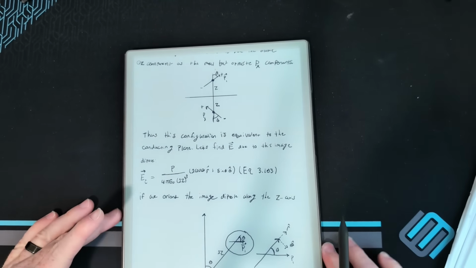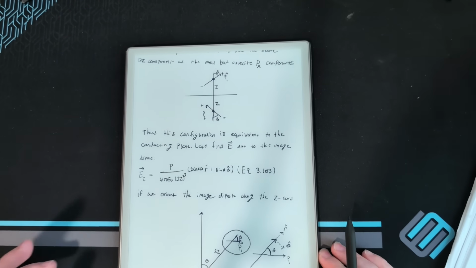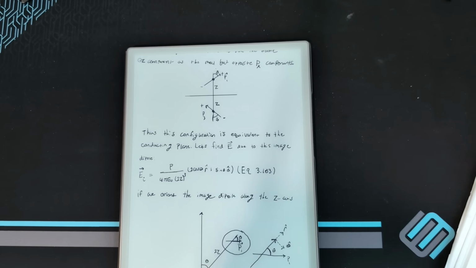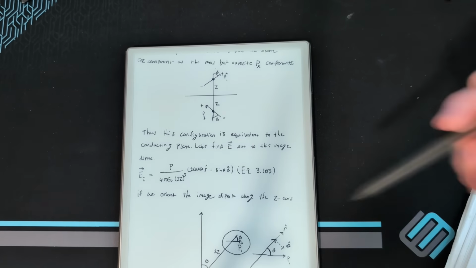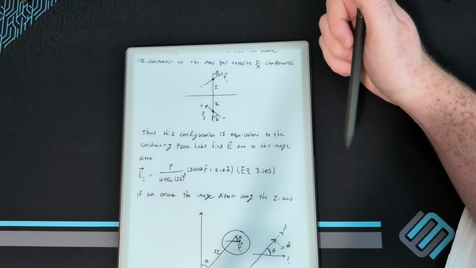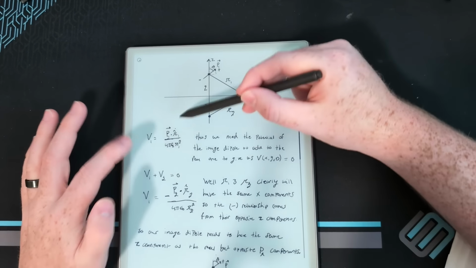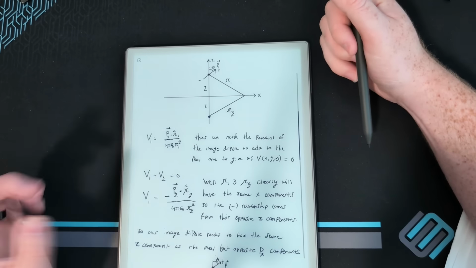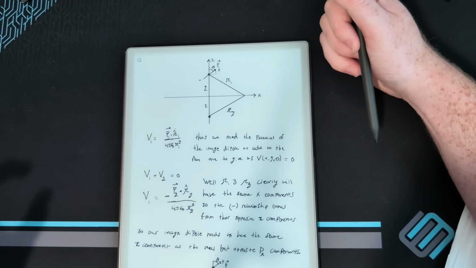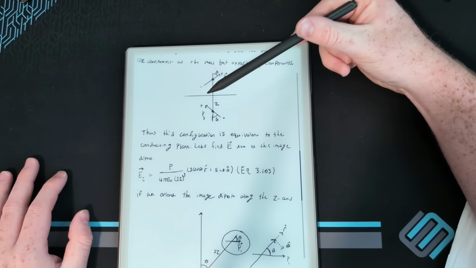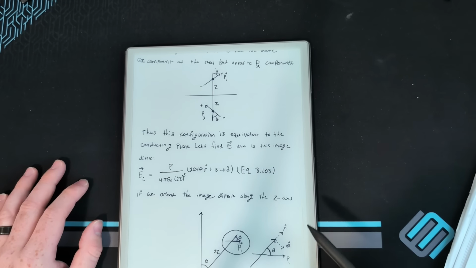I don't know how convincing that is, but it's convincing enough for me to go ahead and proceed with the problem. But if it's not convincing enough to you, I suggest really doing the math here and dotting out all these components to see how you should orient that image charge to give you that negative relationship, to make sure you have a 0 potential.